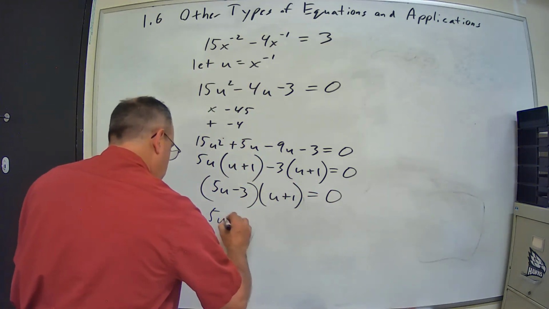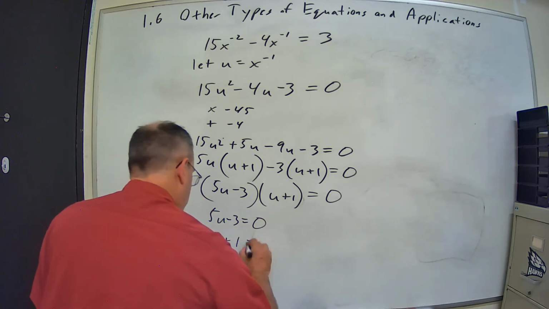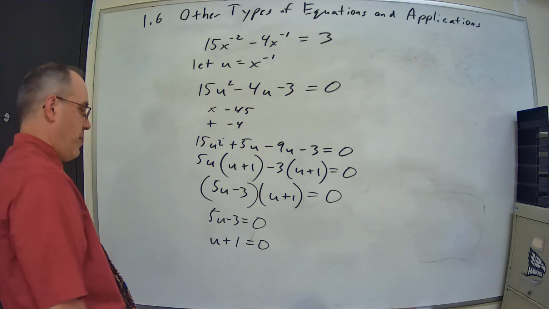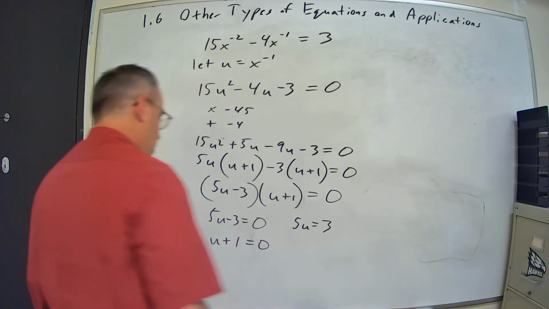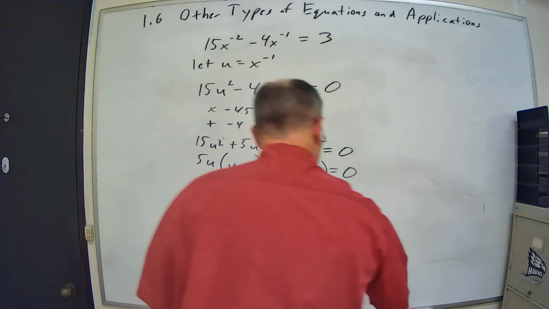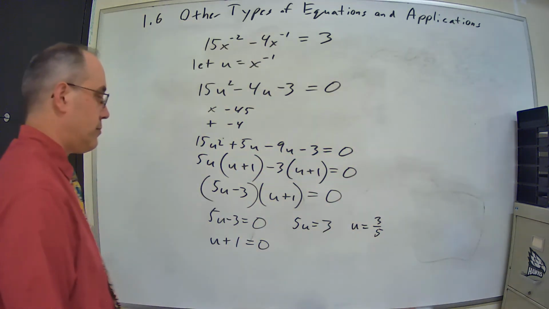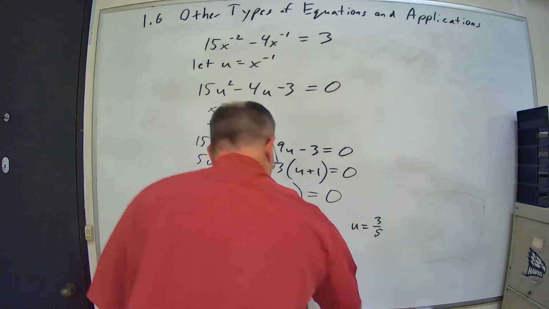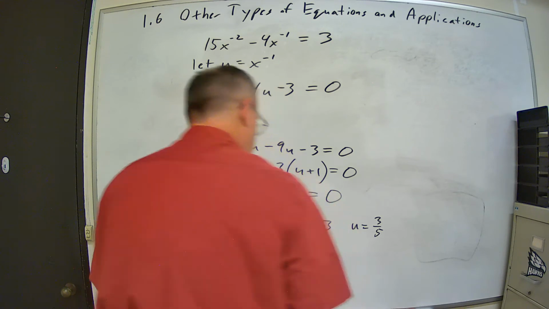So 5u minus 3 equal to 0, and u plus 1 equal to 0. 5u equal to 3, so u is equal to 3/5. And then u equal to negative 1.